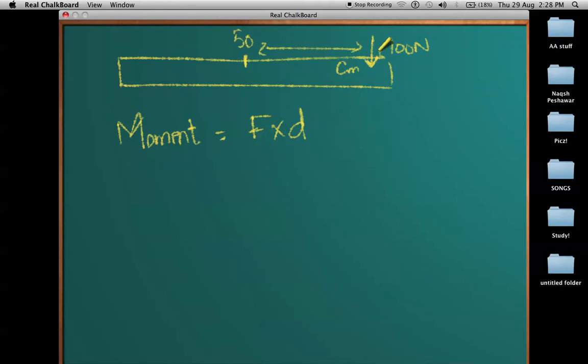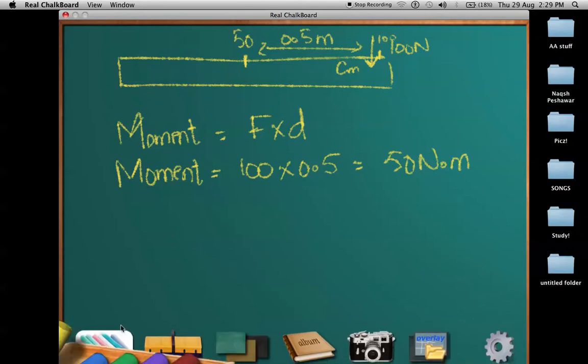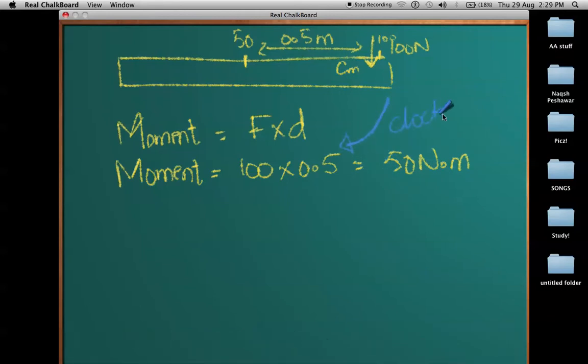Since this is, let's say, the 100th mark, so 100 minus 50, this distance is 50 centimeters or 0.5 meters. So the moment of this force will simply be 100 times 0.5, which is 50 newton meters. So this plank would be moving in the clockwise direction, with a moment of 50 newton meters.